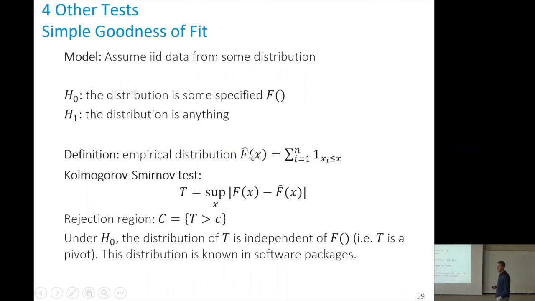We can treat it as a function of x, f hat of x, which says how many points fall below x. That's what we do when we plot the empirical histogram, which will have a staircase shape. Then we consider the maximum deviation between the histogram that we have here and the true thing we would have if the distribution were f.